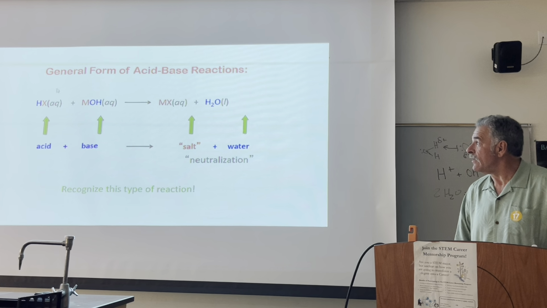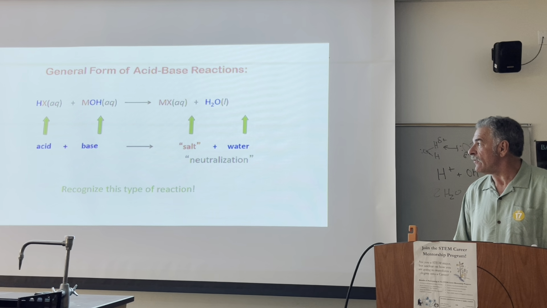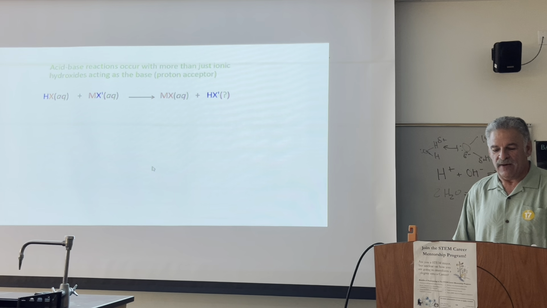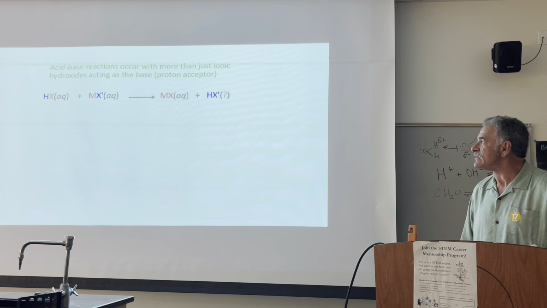Only H and OH and X and M go together, and the MX makes the salt, so a metal salt. And remember, if you make salt, if you make water, it's a neutralization because you're neutralizing the acid or the base, making them not have free H plus or OH minus.